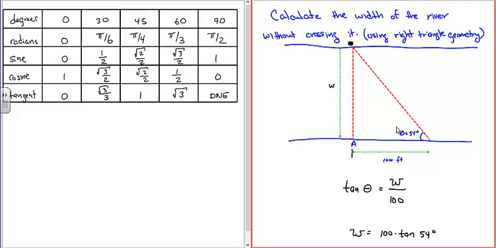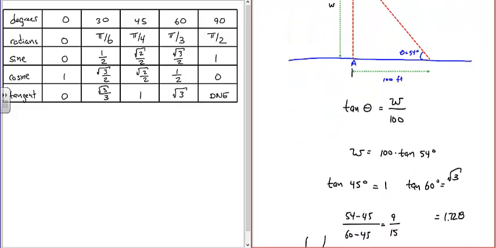And they want you to figure out W. So for this angle, the opposite side is the W and the adjacent side is the 100 feet. So all you have to do is use the definition of the tangent of an angle. Tangent of 54 degrees is equal to the width, which is what you're trying to figure out, divided by 100, which is the adjacent side. So if you solve for W, you get 100 times the tangent of theta. Theta is measured as 54 degrees, and you just plug that into your calculator.